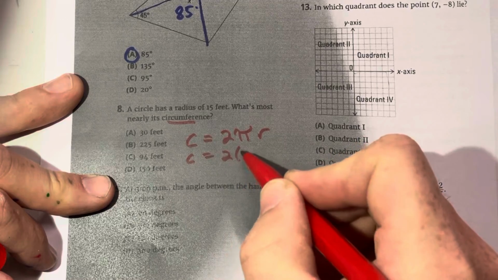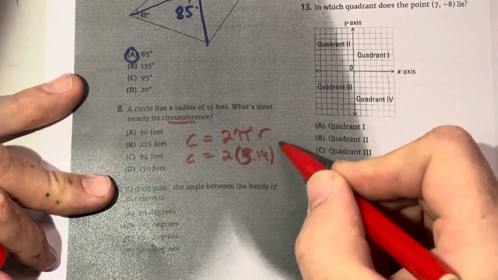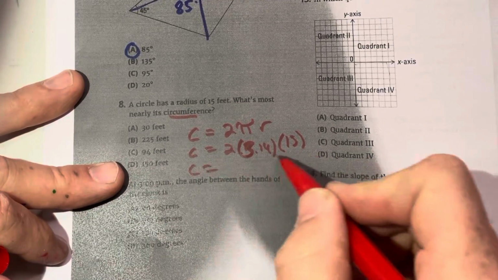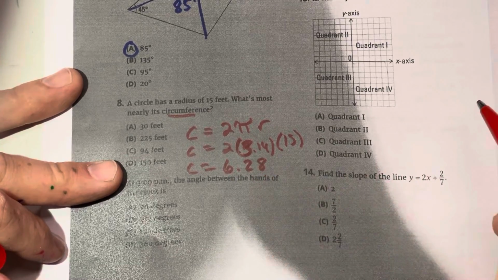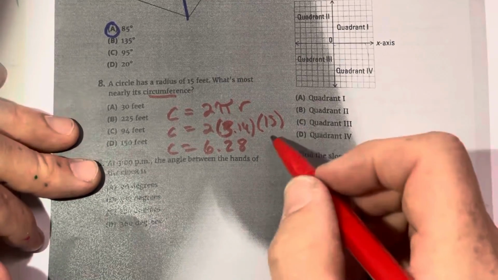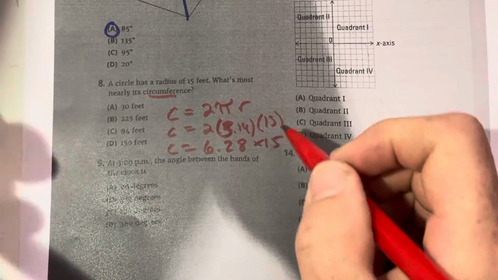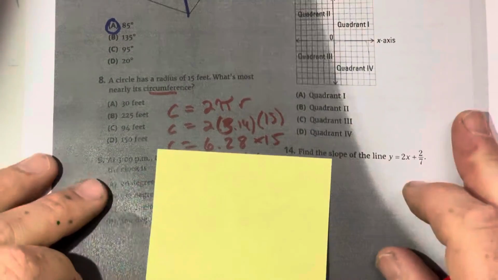Circumference equals 2 times 3.14, which is pi all the time, times 15 feet is its radius. I already know that 3.14 times 2 is 6.28, or you could do 3.14 plus 3.14, and then times 15. And this is where you've got to be good at multiplying and just take your time, okay?